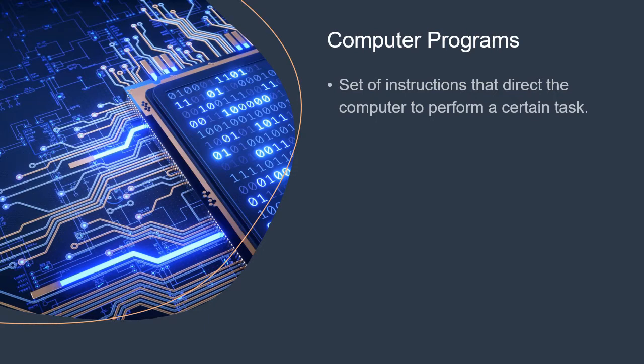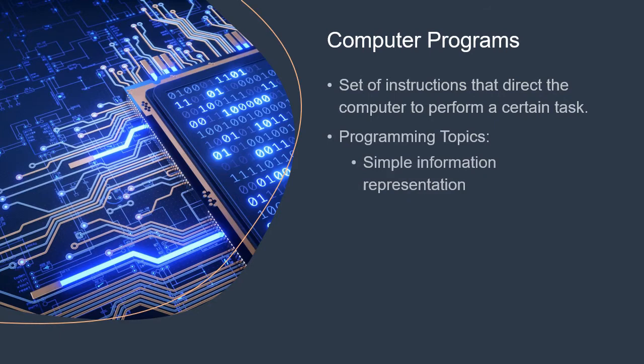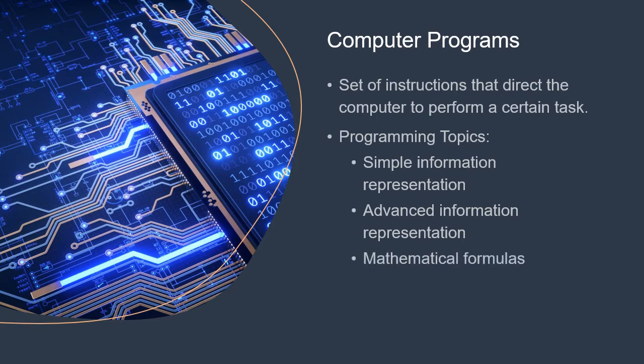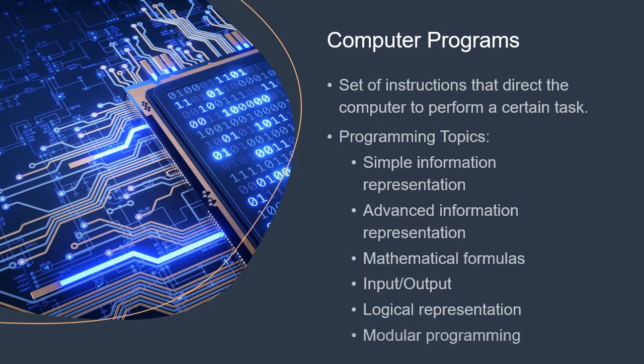To be able to perform engineering-oriented numerical calculations, you should be familiar with the following programming topics: simple information representation for constants, variables, and type declaration; advanced information representation for data structures, arrays, and records; mathematical formulas, assignment, priority rules, and intrinsic functions; input or output; logical representation, where we have sequence, selection, and repetition; and last is modular programming, where we have functions and subroutines.